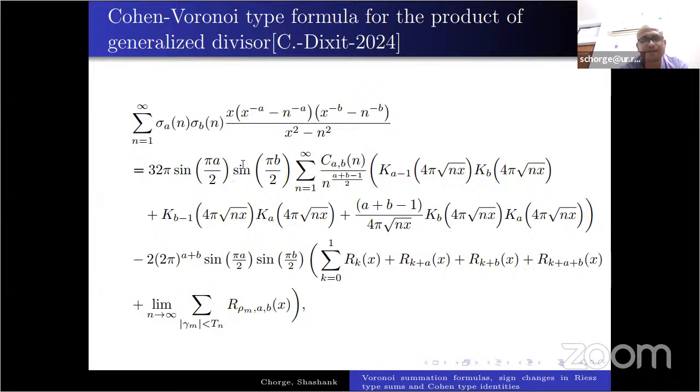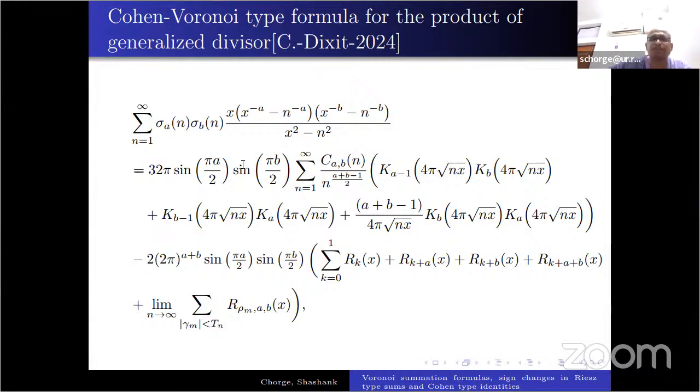Now the question is again, of course, if the Cohen type identity can be found for the divisor function, can we generalize it to the square of the divisor function? Then can we generalize it to the product of divisor functions, the generalized product sigma a sigma b? And of course, yes. And the Cohen type identity is this. Again, it's not a Voronoi summation formula.